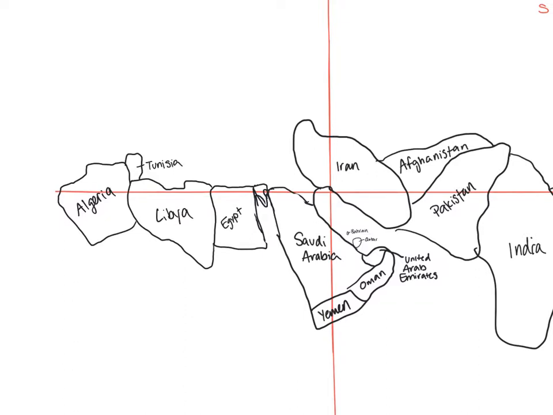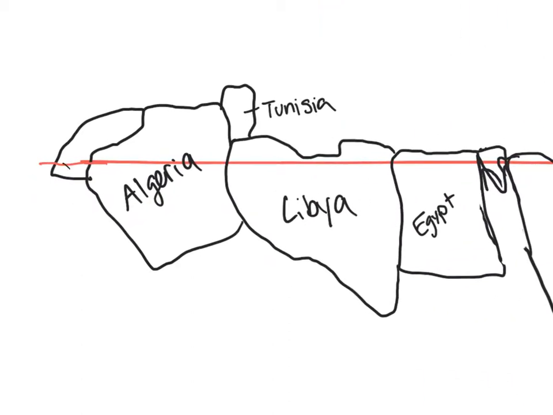And then Morocco comes off of Algeria like that. This is Morocco.